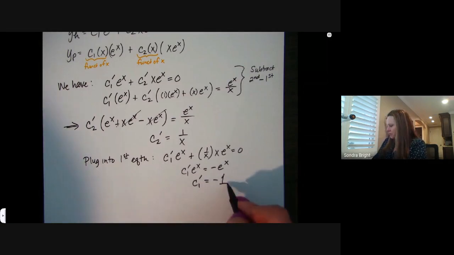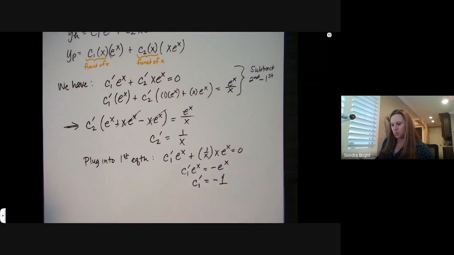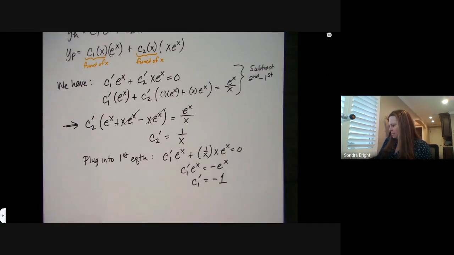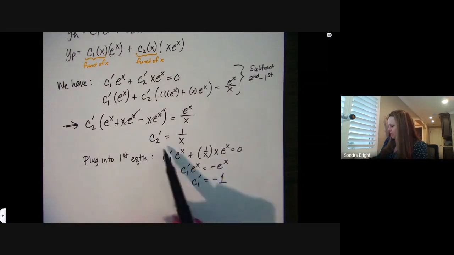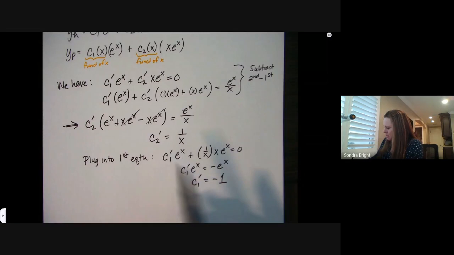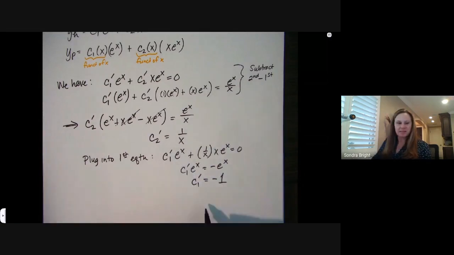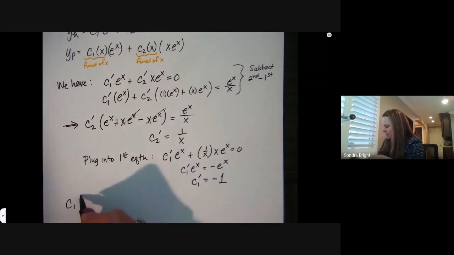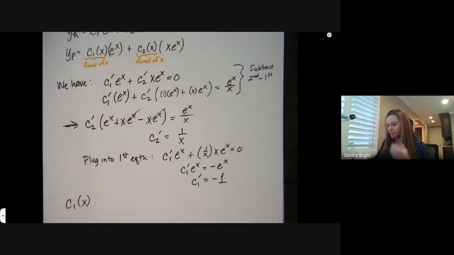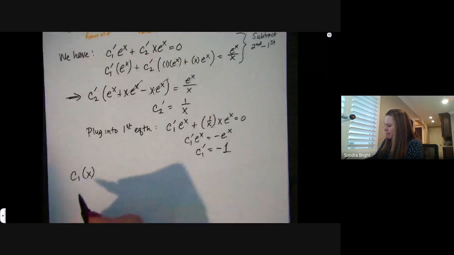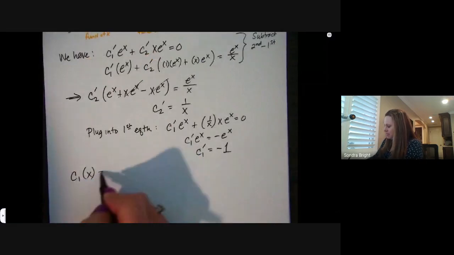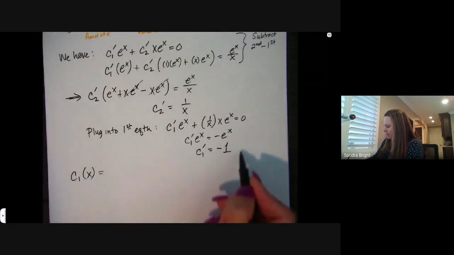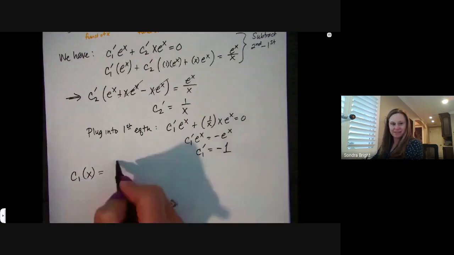Okay, so I know the derivatives. I need to find what these functions are, right? I need to figure out what is C1 and what is C2. But we can just find the antiderivatives of these guys. So C1, remember, it is a function of x. I'm going to add that back in now because now it doesn't look so confusing. But C1 is some function of x, and you get it by taking the antiderivative of this guy by integrating negative 1 with respect to x.